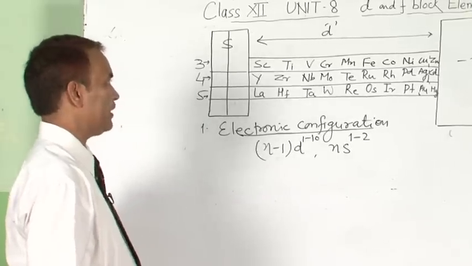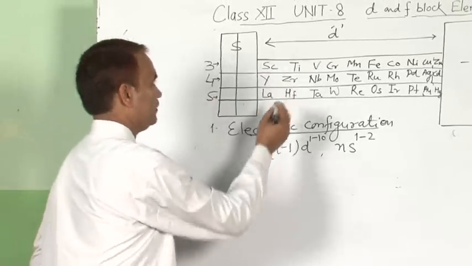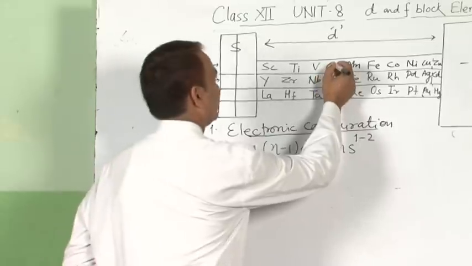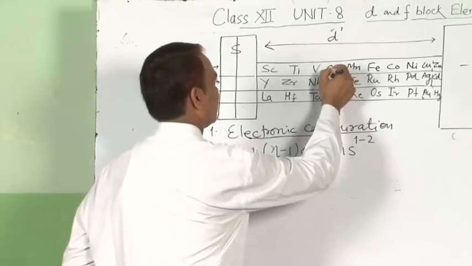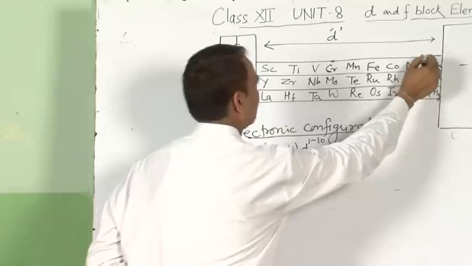Then if you see the electronic configuration of the 3D series, we will find there are certain exceptional cases. This will be in chromium and copper.